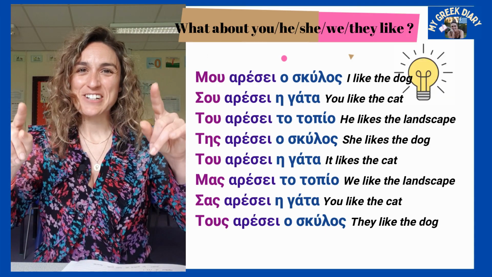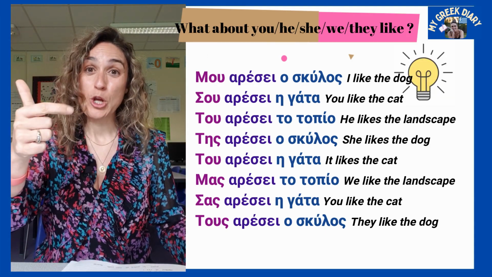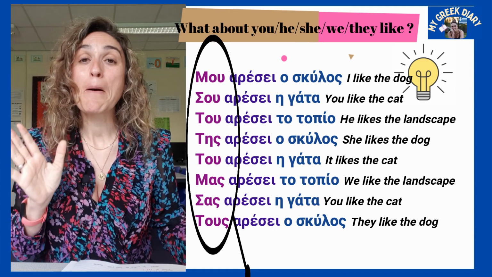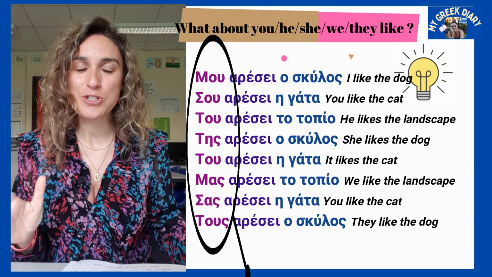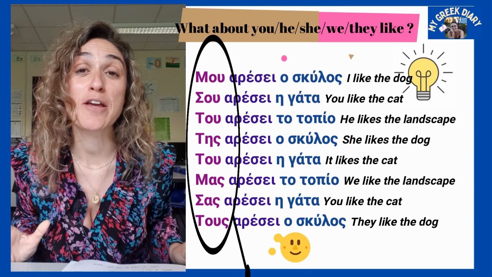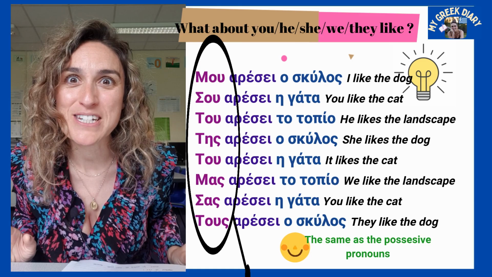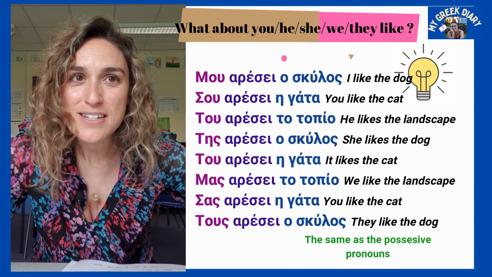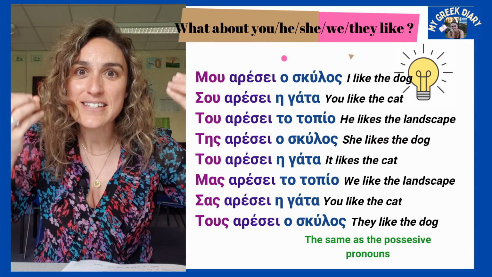And let me tell you something, that μου, σου, του, της, του, μας, σας, τους is exactly the same pronoun as the possessive. So if you have done possessives, it's exactly the same.